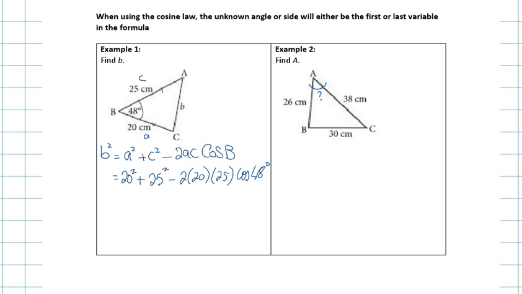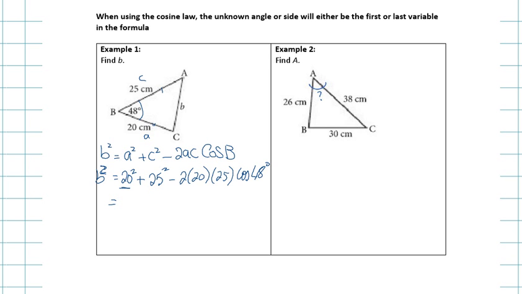Okay, so how do I enter this in the calculator? This is basically what I'm concerned about, because a lot of the time this is what happens. People try to do the math and then the math won't be correct. You don't need to put brackets, but you need to either enter it all together in the calculator at once, or you want to enter 20 squared and find the answer for that, and enter 25 squared and find the answer for that.